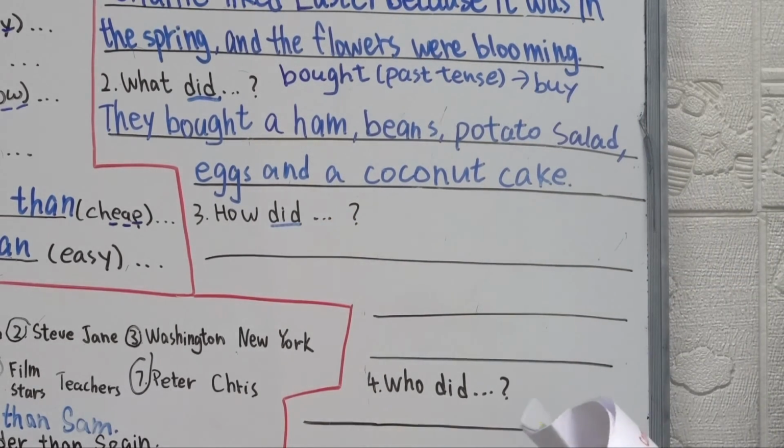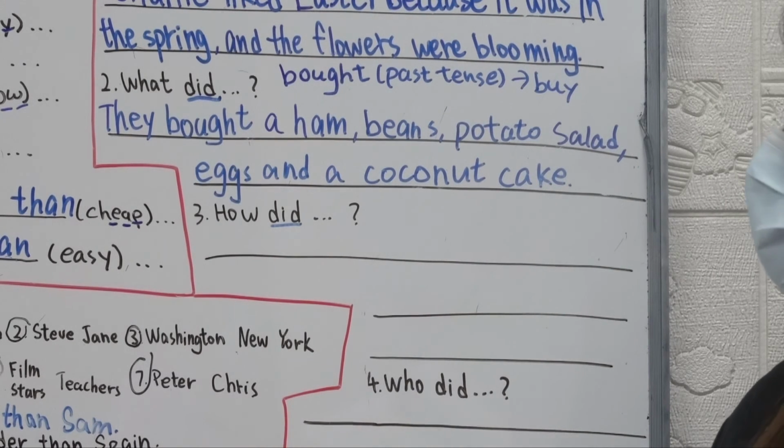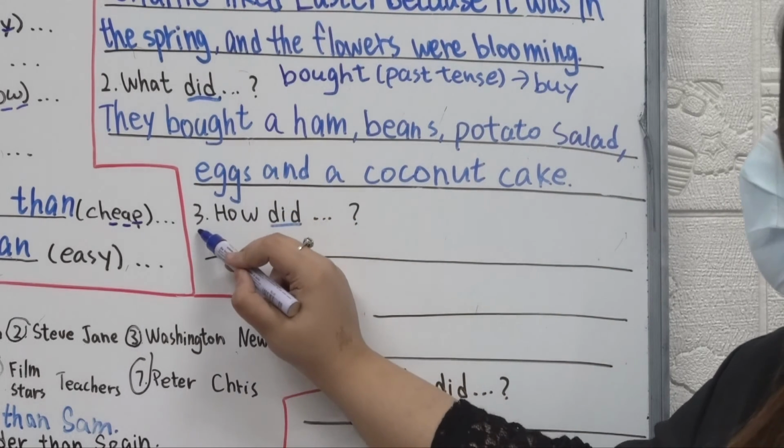So remember to answer your own comprehension question in past tense. So the question is, how did Charlie and his parents decorate the house for Easter? So the subject here in this question is Charlie and his parents. So for Charlie and his parents, we can use the subject pronoun they.